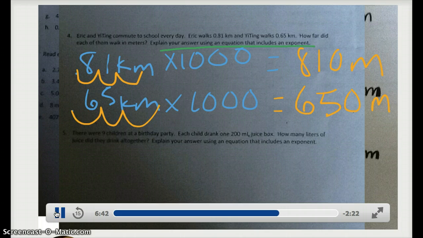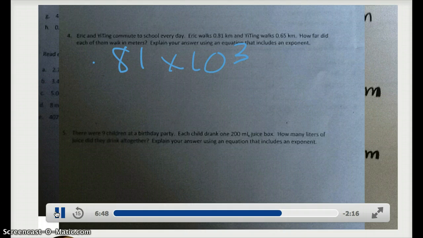And I took 0.65 kilometers and multiplied by 1,000. 0.81 times 10 to the third equals 810. 0.65 times 10 to the third equals 650. That's how you show it in exponents.